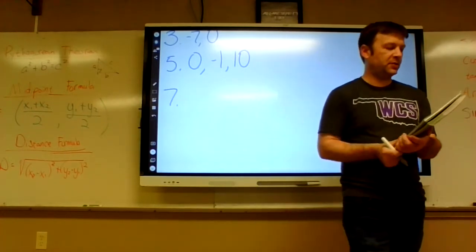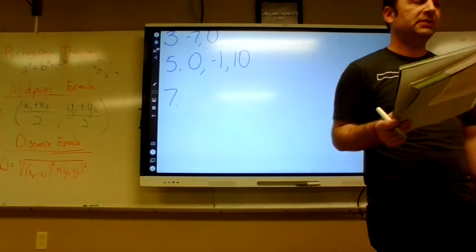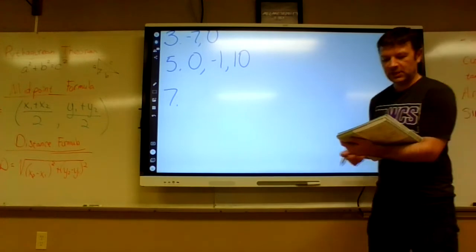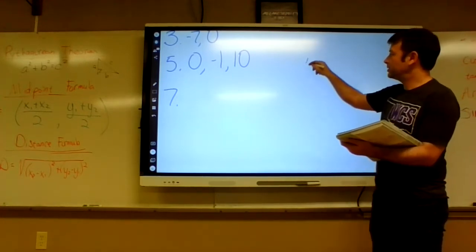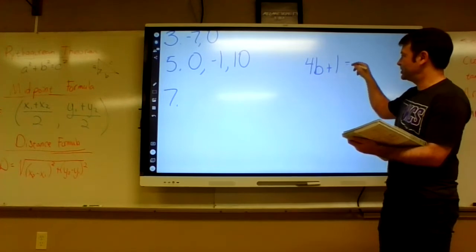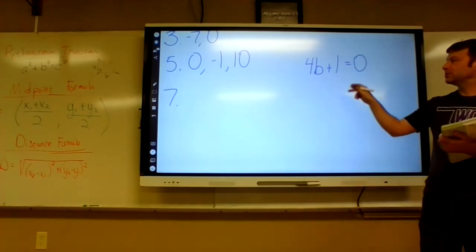Okay, number 7. This is the tricky kind. You guys remember how I did it? So the question is, how do I make 4b plus 1 into 0? What b value would make that 0?